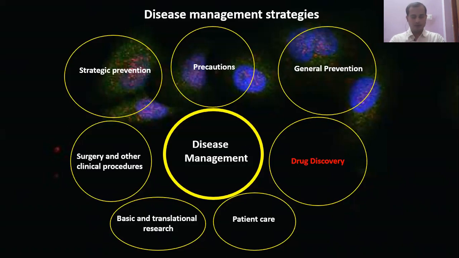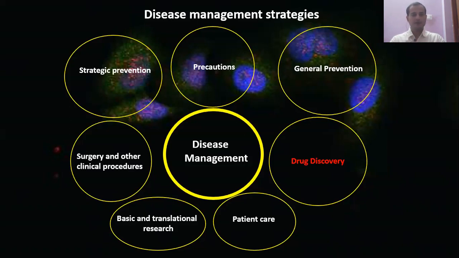Then precautions you have to take, and then general prevention means, in this COVID situation, people say use a mask, don't go to places where a huge crowd is there, just keep a distance from each other. So these things come under the general prevention category. Then surgery and other clinical procedures, we all know.